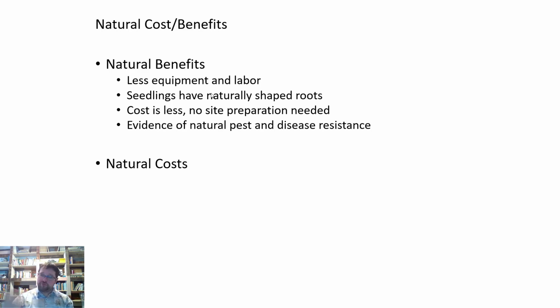The seedlings that do develop, that are occupying the landscape, have naturally shaped roots. So if a seedling's growing, and there are rocks there, those roots will grow around the rocks. They'll become established, so windstorms aren't just going to blow the seedlings out.